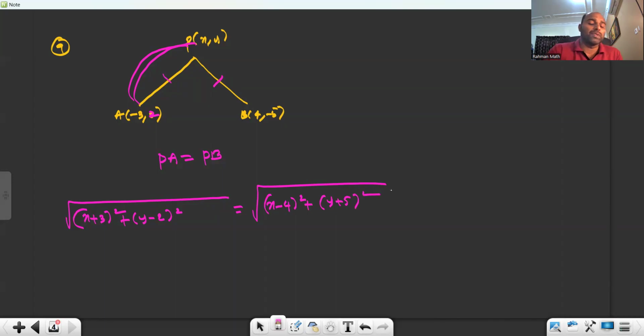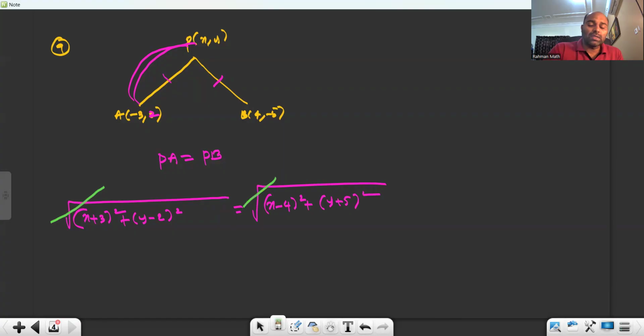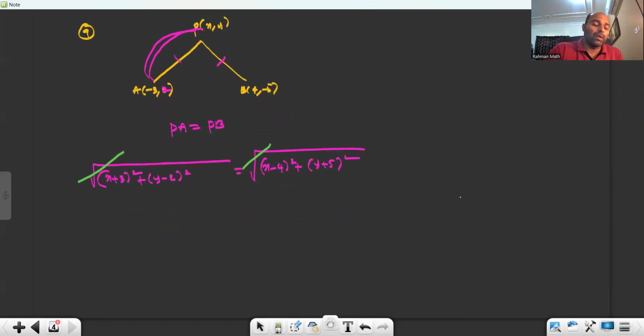Just check it. Root and root cancelled. Now one by one you have to proceed, expand.